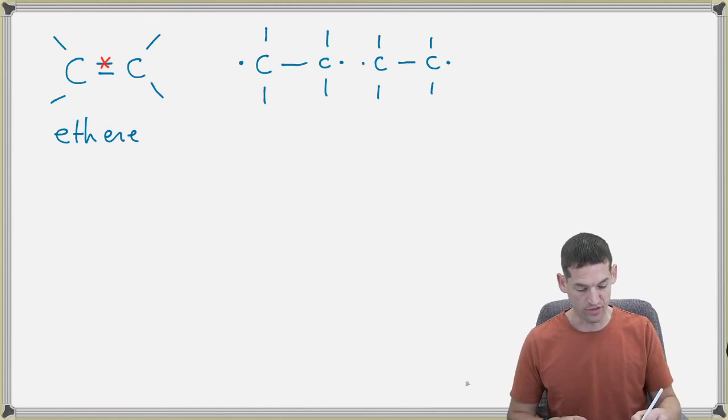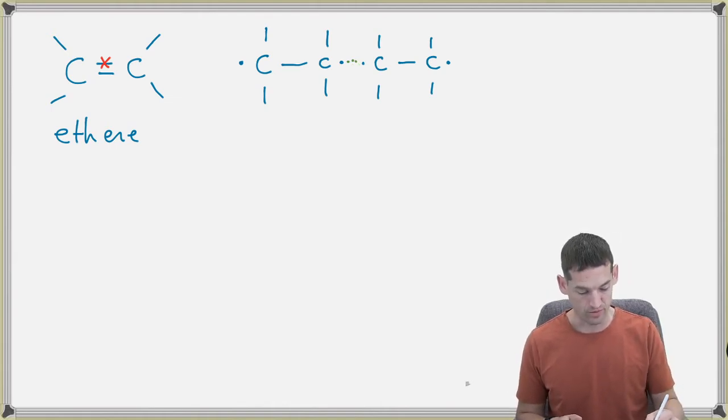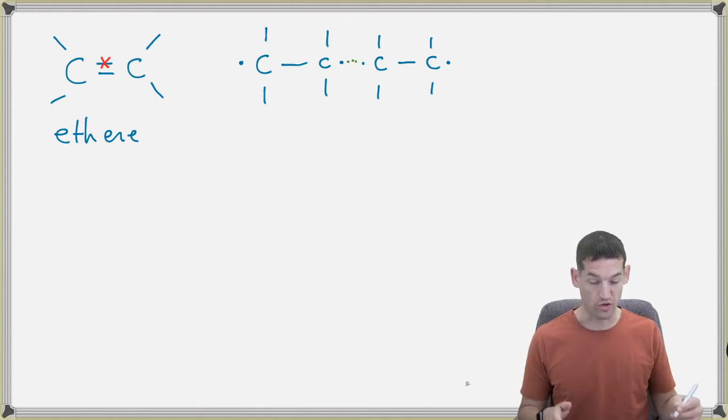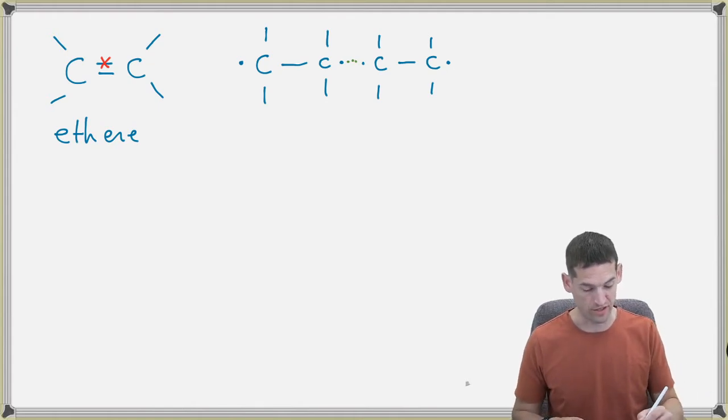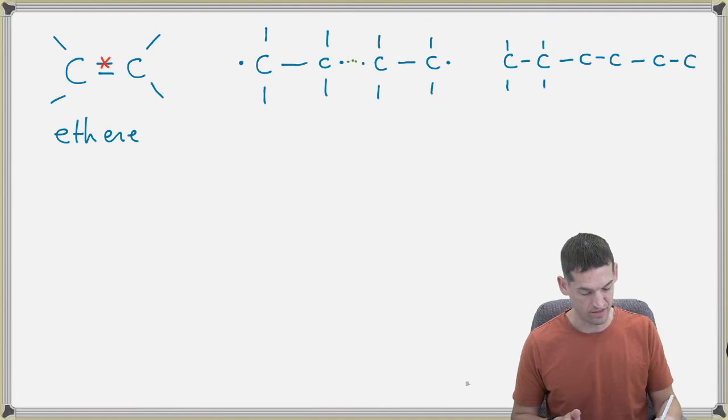And now that those electrons are exposed like that, they can form a bond here between them. So if we were to draw the polymer with it all chained together, we wouldn't see that anymore. We would just see there's one attached to the next, attached to the next, like so.